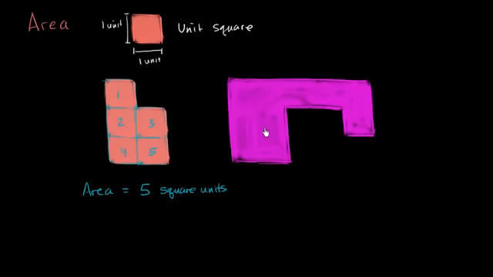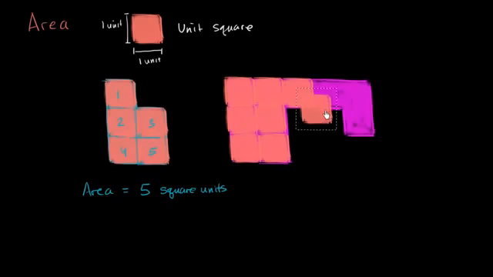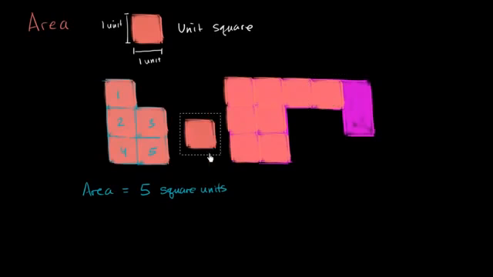Now let's do the same thing with this purple figure. So with the purple figure, I could put 1, 2, 3, 4, 5, 6, 7, 8, 9, 10 of these unit squares.